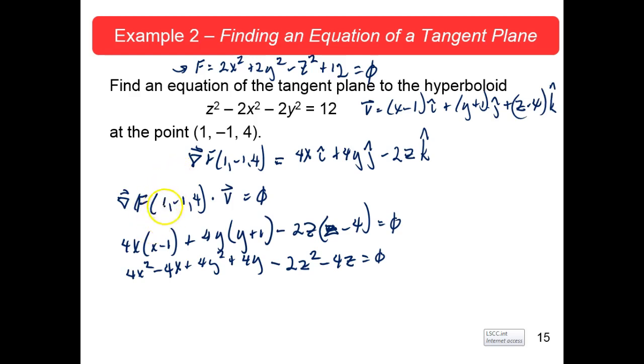I should have done that earlier, right up here. As soon as I found the gradient, I should have done this. This is going to be 4i minus 4j minus 8k. Because that would have been so much easier to do.